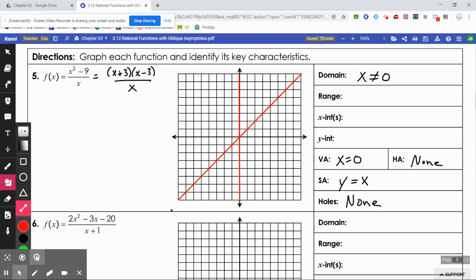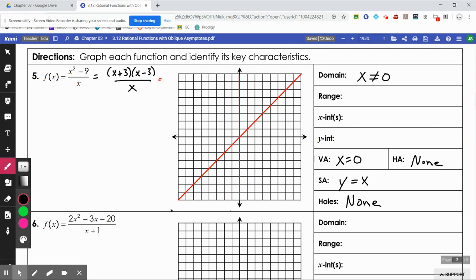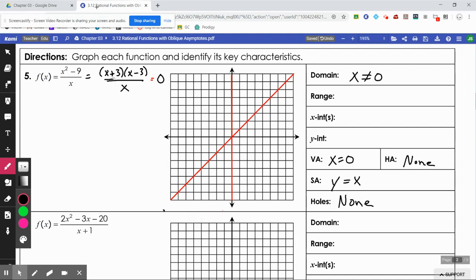Now let's find our x-intercepts and y-intercepts. To find an x-intercept, we plug in 0 for y, which means, again, the top has to be equal to 0. The only way that this whole function can equal 0 is if the top is equal to 0. So therefore, you have x plus 3 times x minus 3 equals 0. So that's going to be an x-intercept at positive 3 and an x-intercept at negative 3.